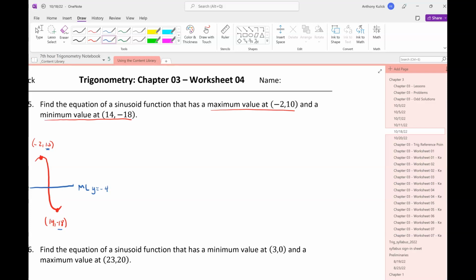That's going to be 14 units up from -18. And if I go 14 units up from that, I'd be at 10. Everybody agree with that? Coincidentally, that tells me that the amplitude is 14.